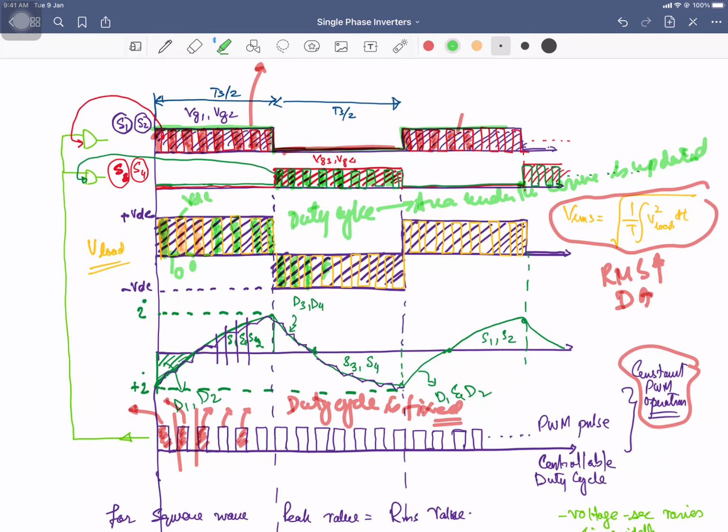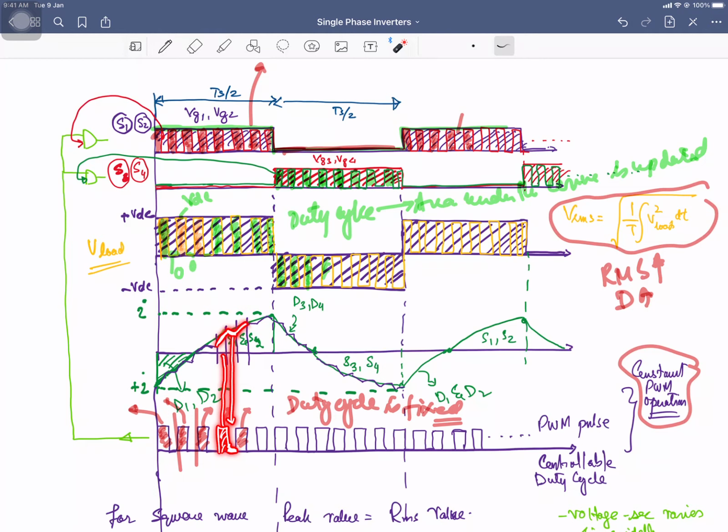When you turn on the switch, the current will be increasing. Let's consider this gate pulse. This gate pulse has been applied, right? So correspondingly the current will be increasing. And once that gate pulse is not there, you are at 0 voltage over here, so the current will be decreasing.